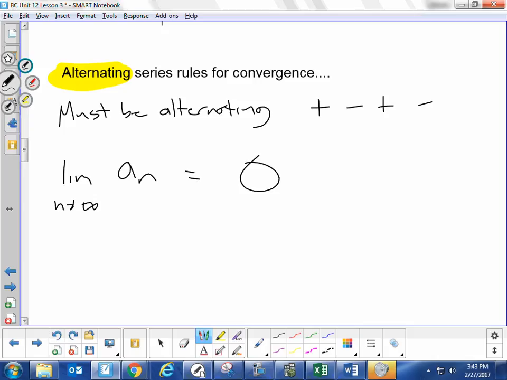We must be eventually adding smaller and smaller values or subtracting smaller and smaller values. And a sub n must be decreasing in its values every single time. We'll say the absolute value of a sub n is decreasing in its values.